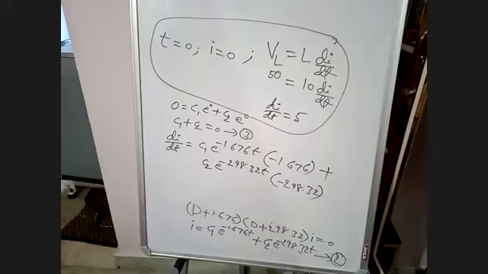Now we know the di by dt value. Substitute di by dt and t equal to 0.